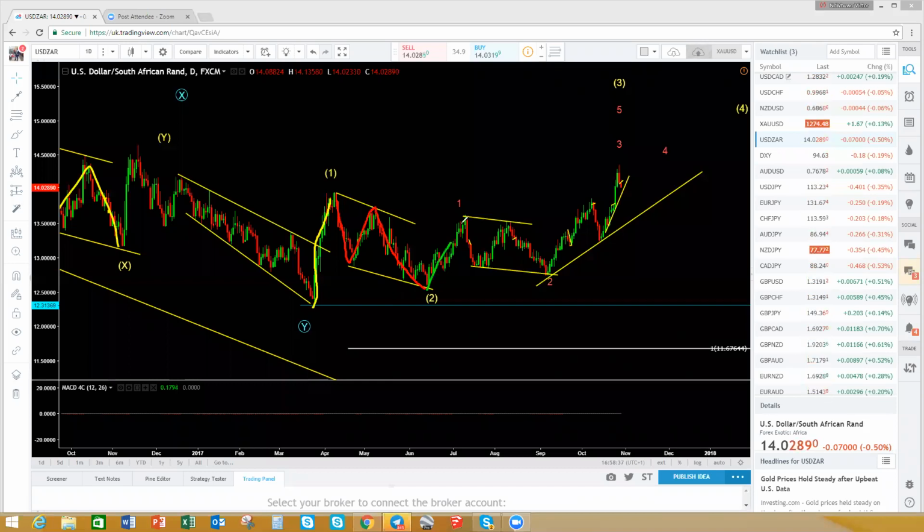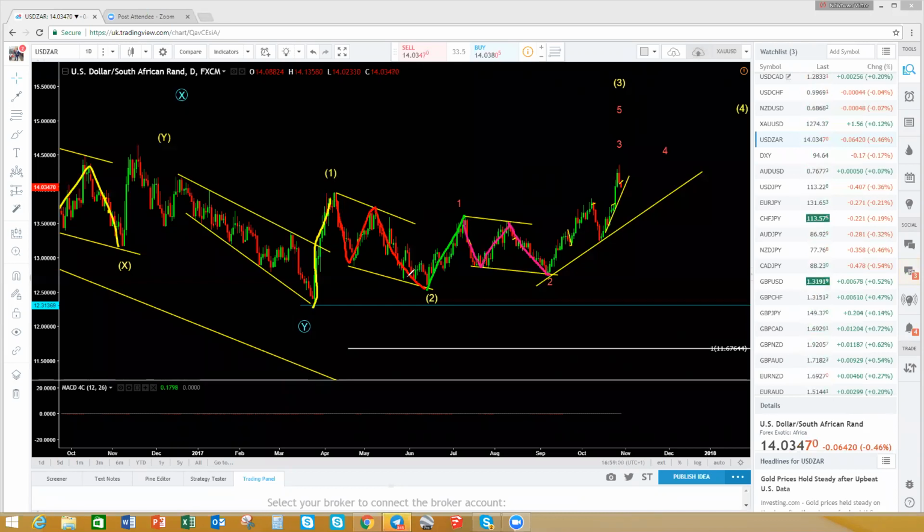Remember the green one? And I called the correction within the green. I made it in pink. You see, as much as Elliott identified the patterns in the theory, there are some patterns that happen in the market that have not been identified, but you see the similarities from one chart to another, or one pair to another. All right, so this is what is happening now.